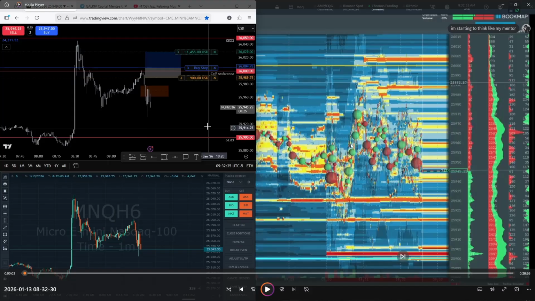So, for example, these orange blocks represent orders at the same price. The more red the block is, the more orders are stacked at that price. And the more blue is where there are no orders at all.